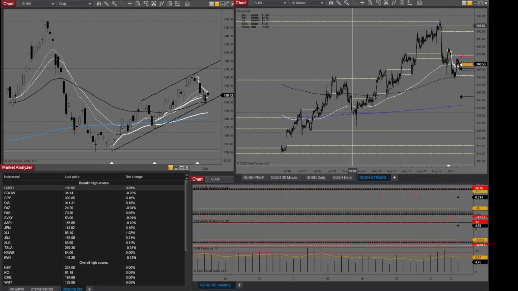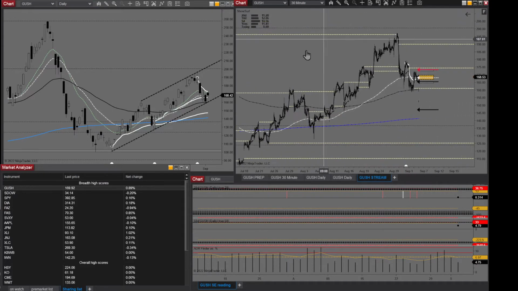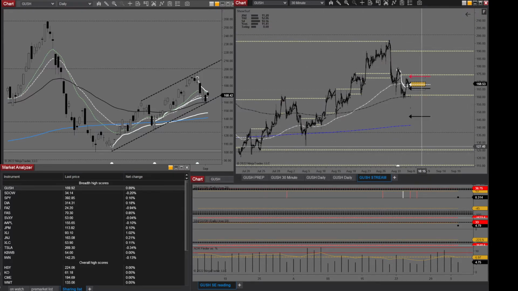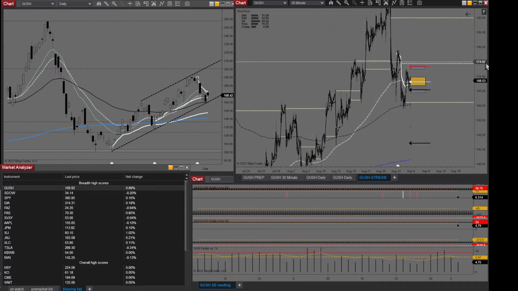To that point, GUSH is one we'd looked at before. Yes, there's a royal flush zone, but it's kind of in the middle. The interesting point for this one is that you could be setting up for a move like this, with an A-B-C-D type of pattern.